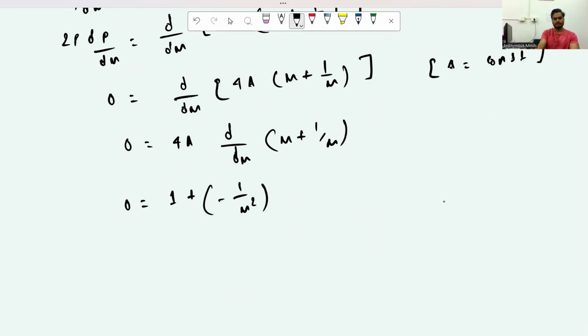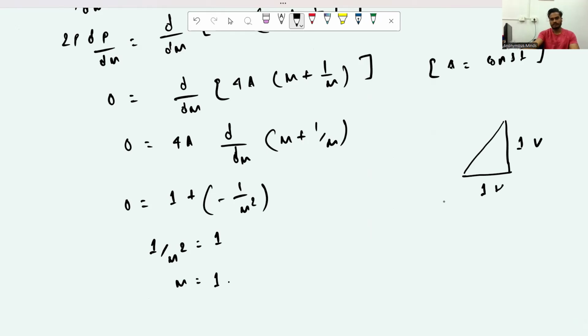So I can write 1 by m square is equal to 1. m is equal to 1. So that means when m is equal to 1, we have the side slope 1 vertical is to 1 horizontal.